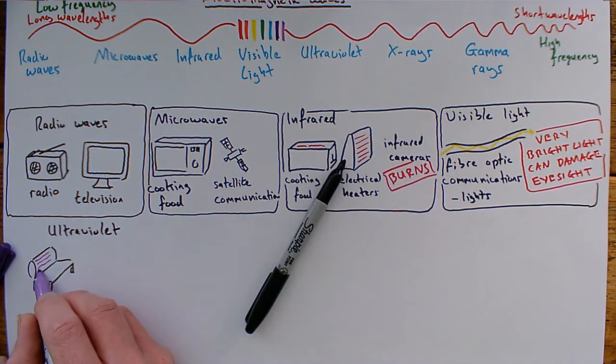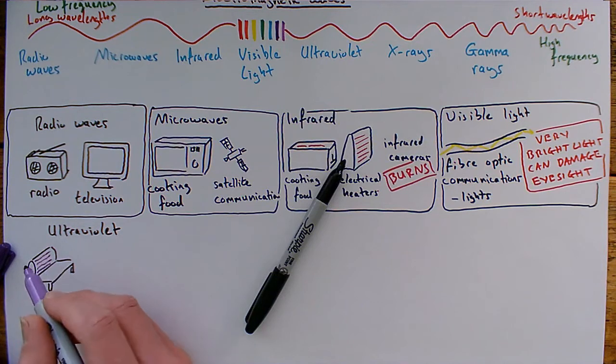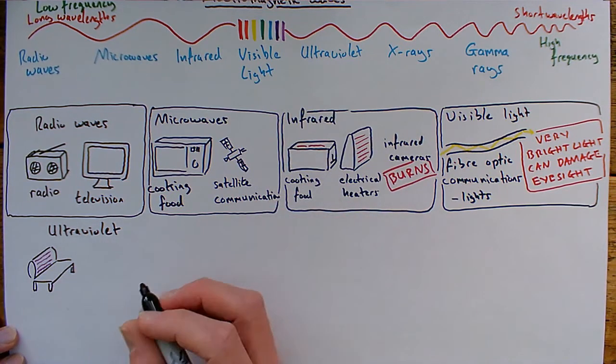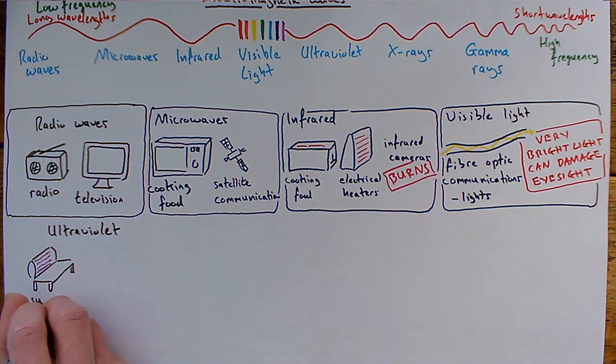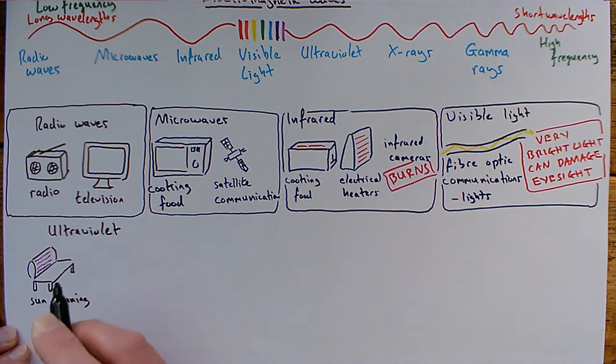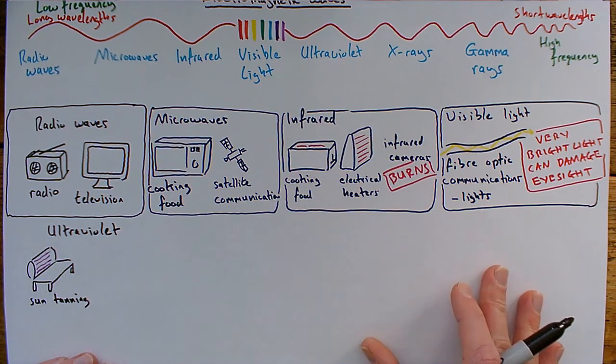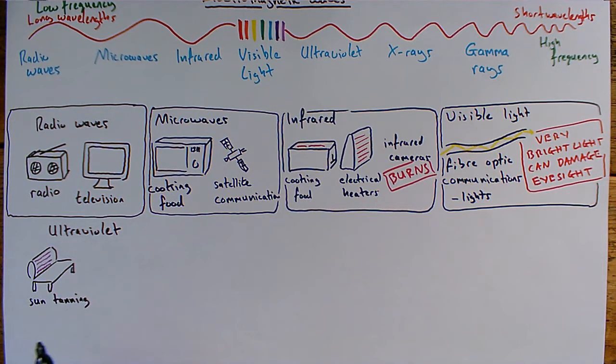Okay, so that's why we can see them with their sort of pinky purpley glow sometimes. But they're used for tanning, sun tanning. And that's no surprise, because actually the sun itself gives off lots of ultraviolet light, UV light. You've probably heard it referred to as that, and that actually is what tans your skin.